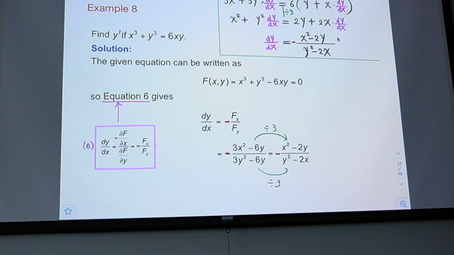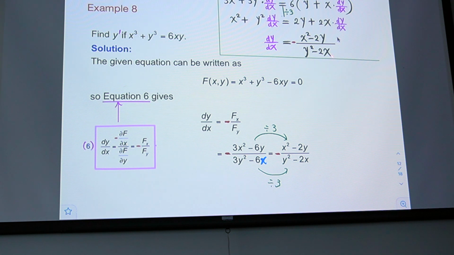For the denominator, it's 3y squared minus 6, but it should be minus 6x. Oh, this is x. You can call this a typo. This is x. You got it. Good job. Nice.